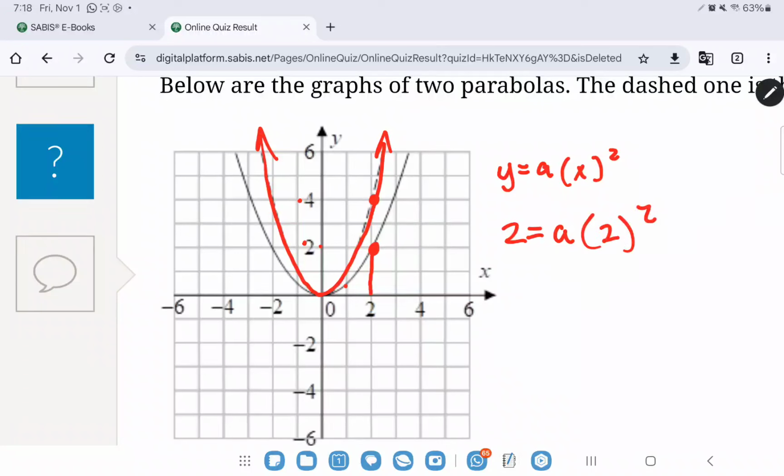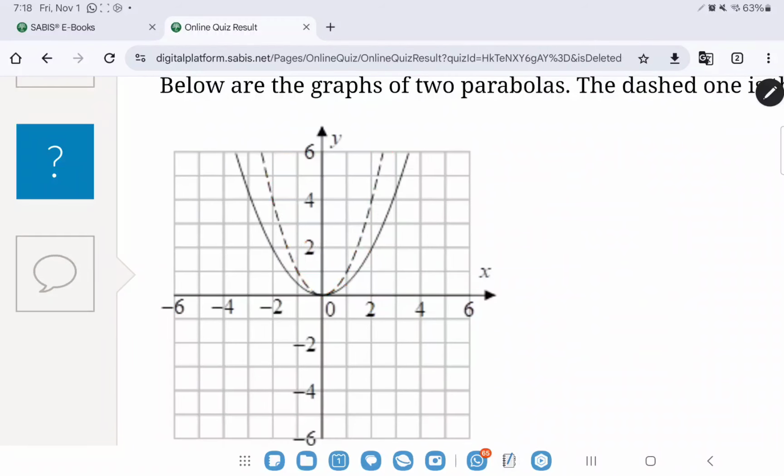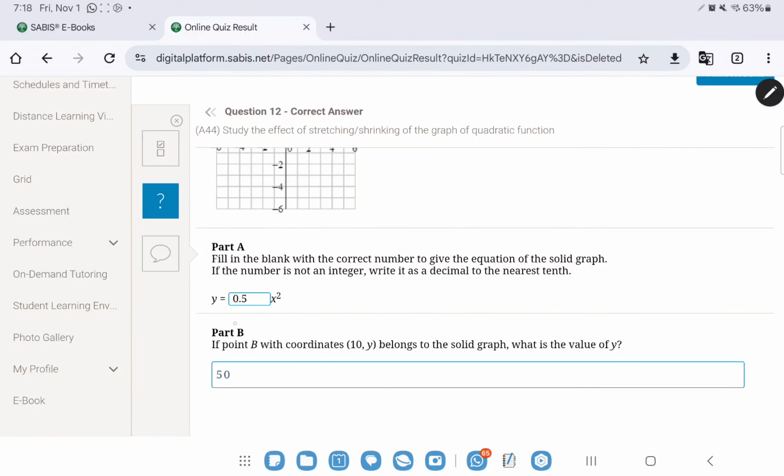So you have 4a equals 2, which means a equals half. So that's another way you could solve it. Those are your 2 ways. You're right, it's half.